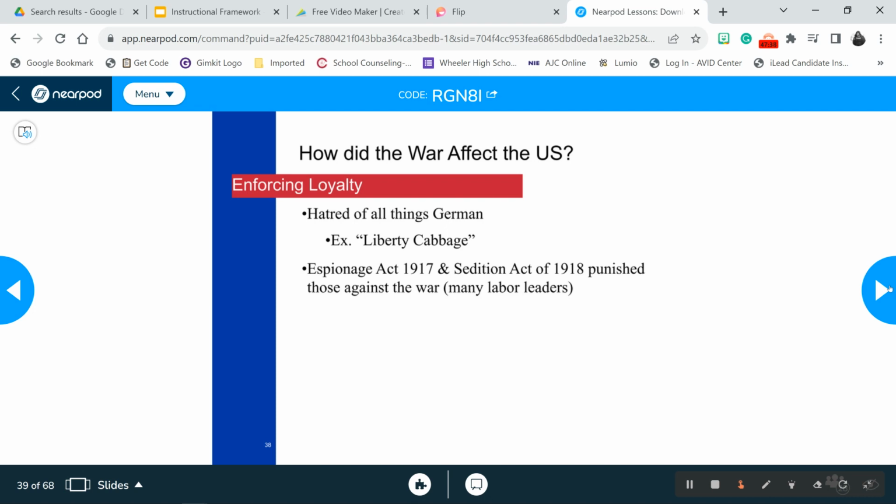You do not talk about the United States in World War I negatively. That is the Espionage Act and the Sedition Act of 1918. It punished those against the war. And a lot of those were labor leaders, like Samuel Gompers and others. Not Samuel Gompers, I mean another name. Has everybody got that? The Espionage and the Sedition Acts.